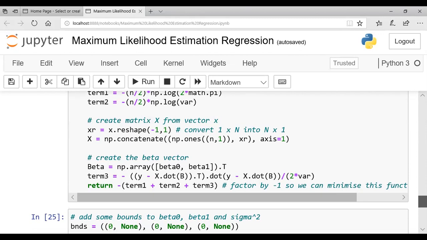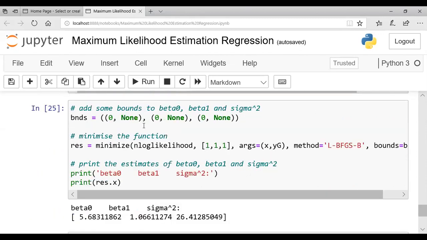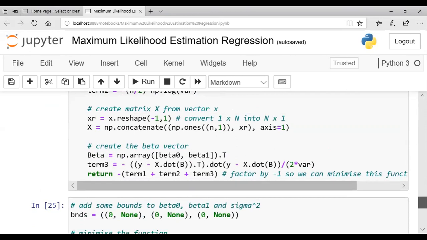And what you are doing, you are creating some bounds, that is 0 to None, and then you are calling the minimize function on the log likelihood function. Maximizing the log likelihood means minimizing the negative of it. So that's why you are putting a negative sign in front of term 1, term 2, term 3.